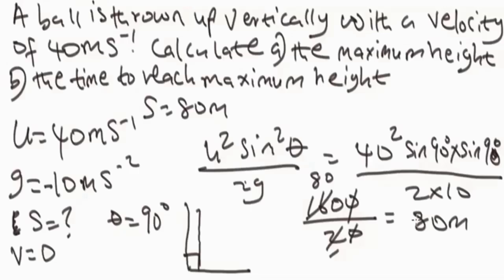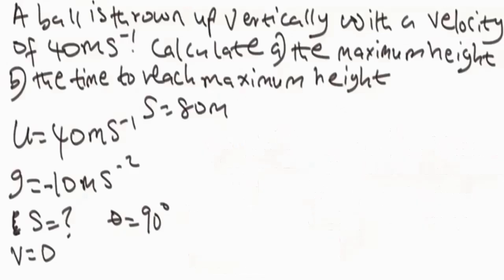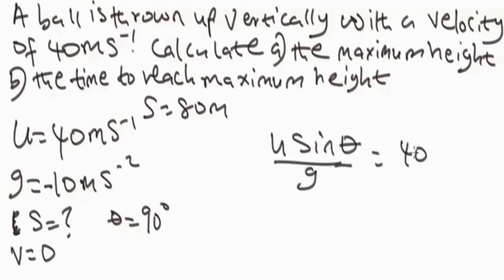Alright, now the same thing is applicable to time to reach maximum height. Let me write this. Time to reach maximum height in projectile is calculated using u sine theta over g. Our u is 40, and 40 times sine 90 degrees over 10.